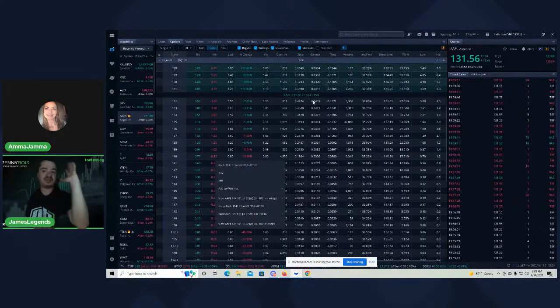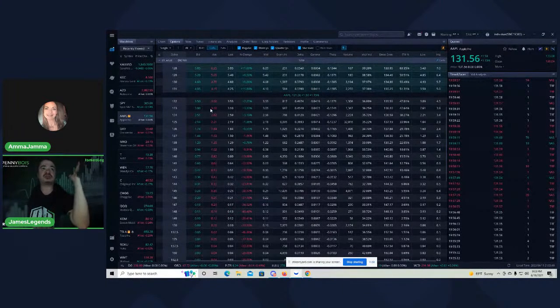Now, obviously, if Apple were to go up above 141 and 142, your maximum loss is going to be hit. So that's definitely a possibility too. But if you want to be a little less risky with stuff like this, and you have a smaller account, try the ones that are way further out of the money, that have way less of a chance of being in the money by the expiration.